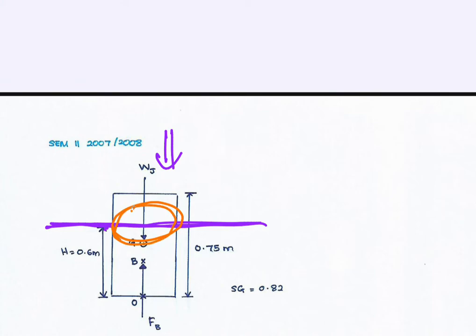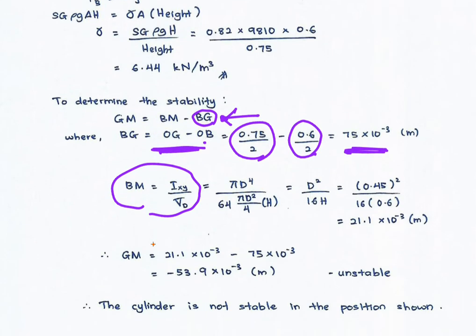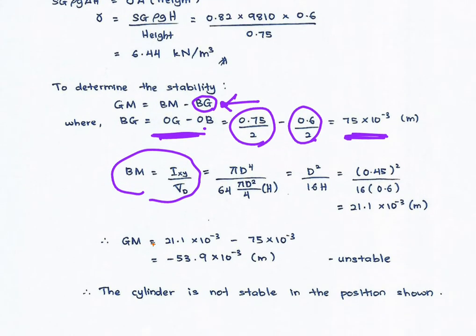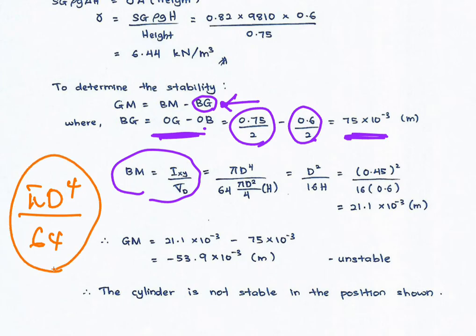Here the shape is a circle. So we use the equation for the moment of a circle, which is pi d to the power of 4 over 64. You could check this equation in textbooks later on.